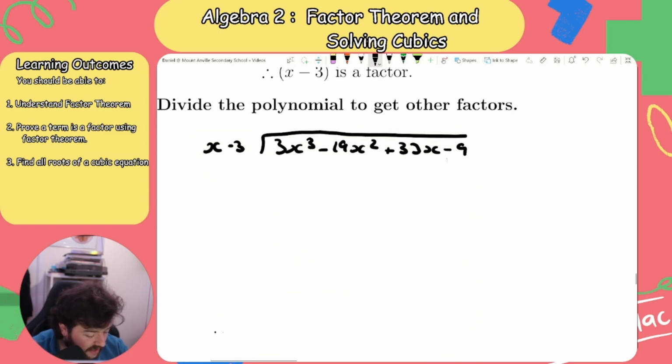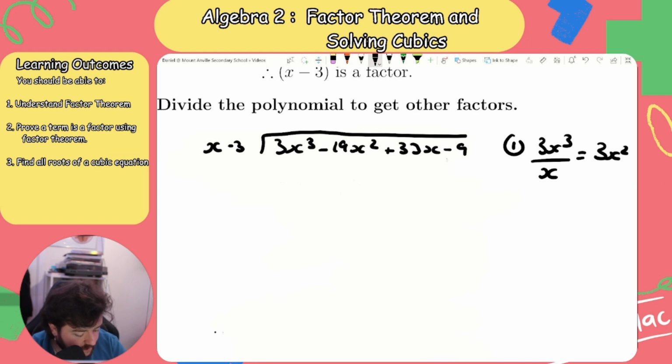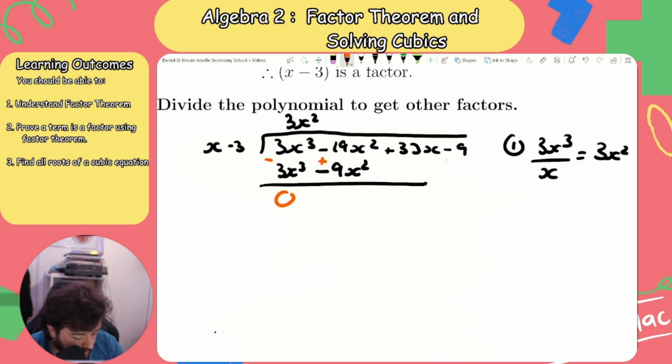Divide this in. 3x cubed divided by x is 3x squared. 3x squared times x is 3x cubed. 3x squared times minus 3 is minus 9x squared. Change the signs: plus, minus, that goes to 0.